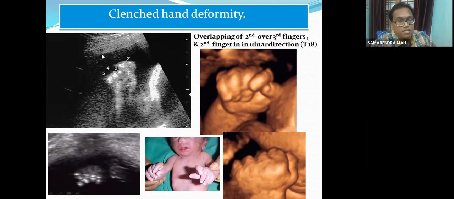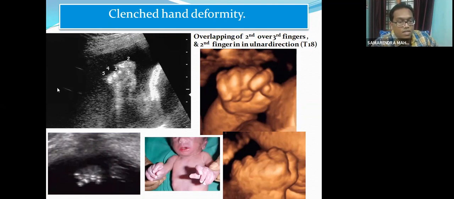So it is a fixed, clenched deformity where the thumb is looking normal, but the second digit is deviated and overlapping the third digit. The fourth and the fifth digits are in a fixed position.